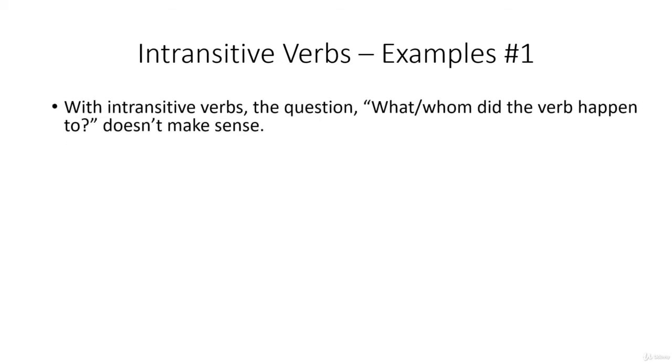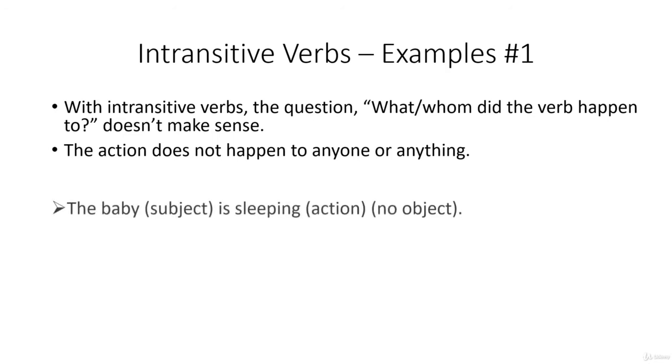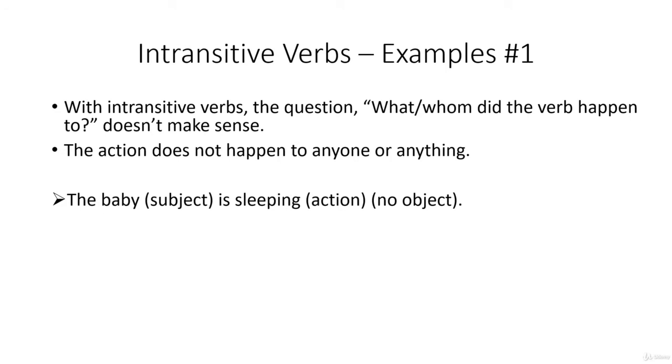If we look at intransitive verbs, this same question doesn't really make sense, because the action did not happen to anyone or anything. The baby is sleeping. The baby is the subject. The action or verb is sleeping, and there is no object.